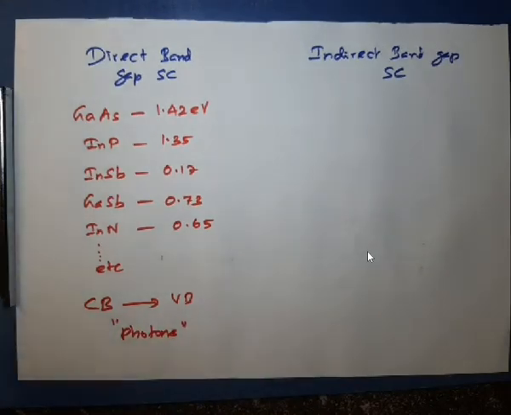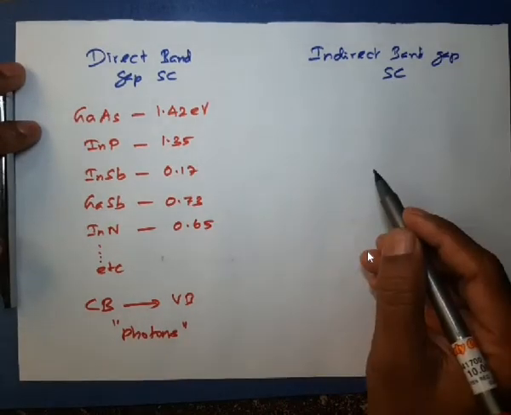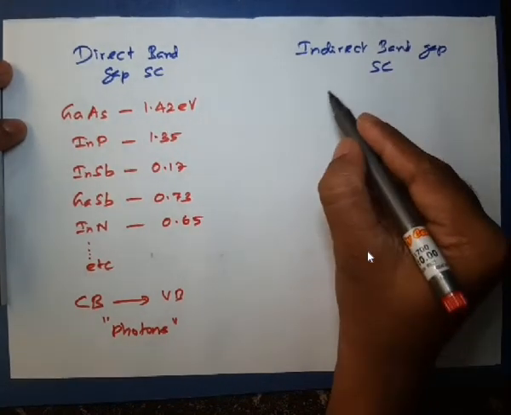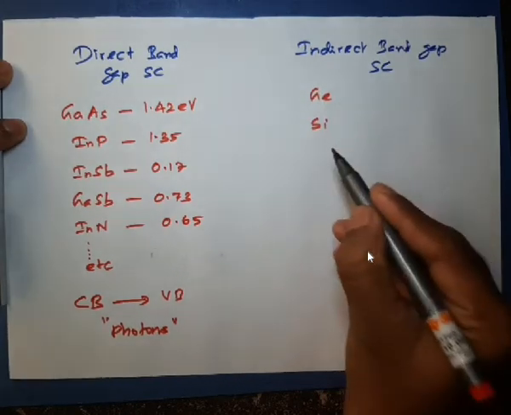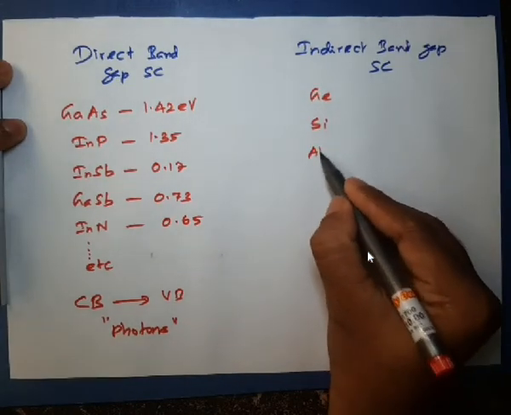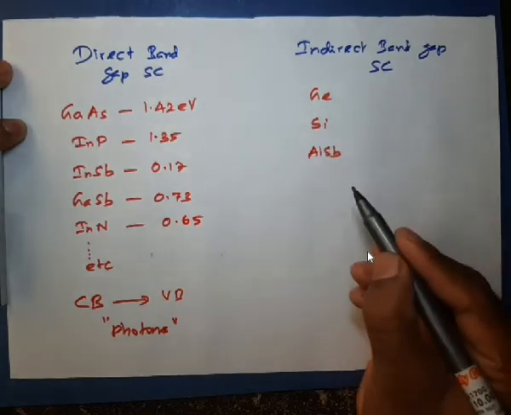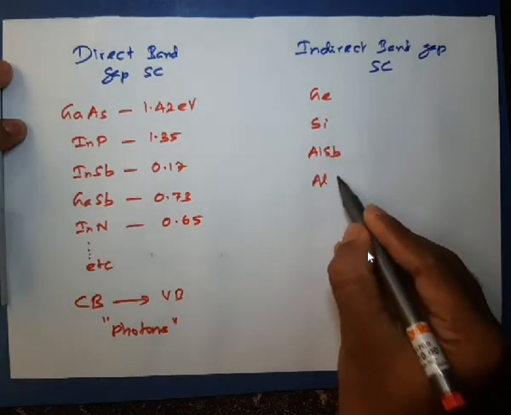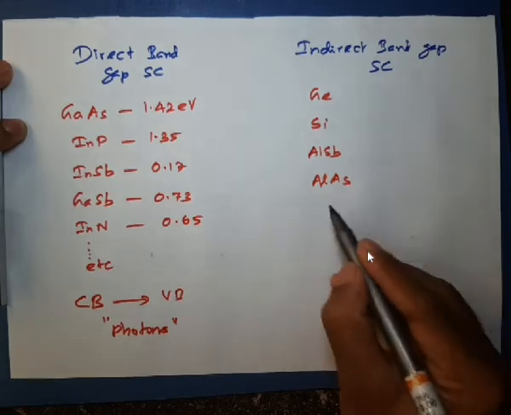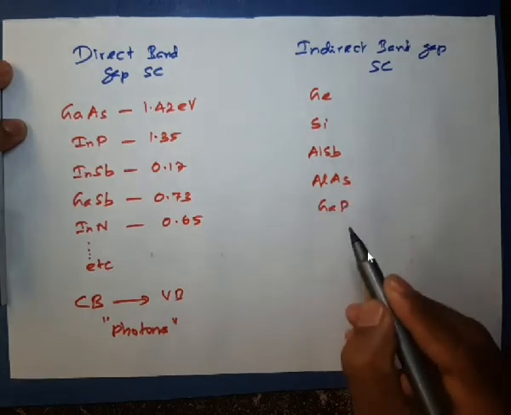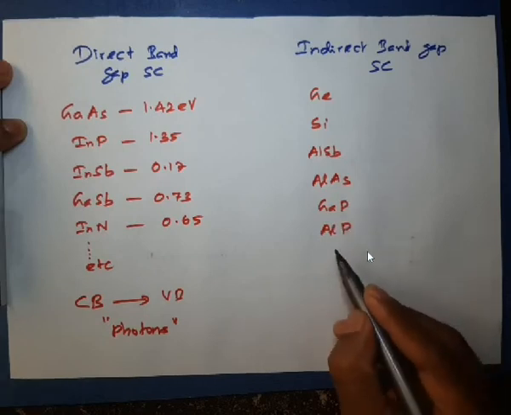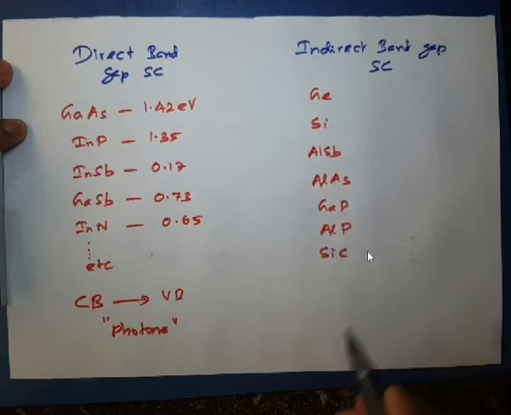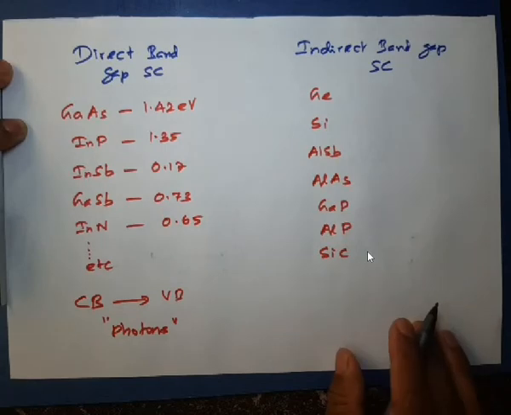Similarly, in the case of indirect band gap semiconductors, we have plenty of examples: germanium, silicon, aluminum antimonide, aluminum arsenide, gallium phosphide, aluminum phosphide, and silicon carbide. These are all examples of indirect band gap semiconductors.